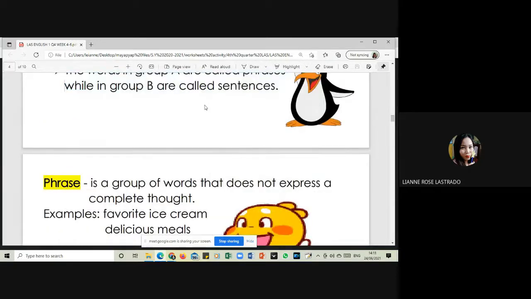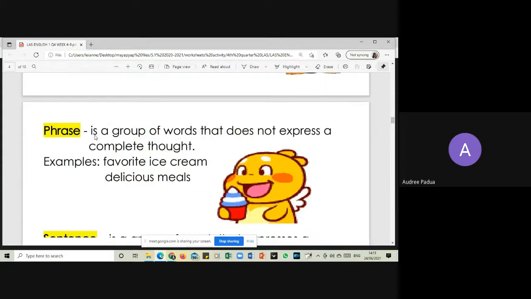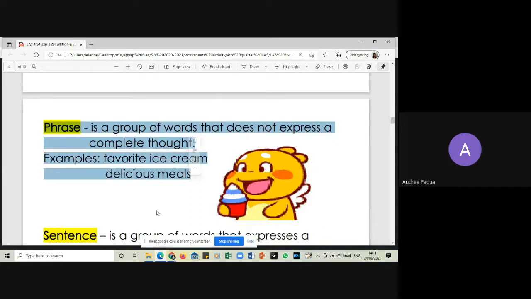Now let's go over to the meaning of phrase. LeBron, will you please read this one? Phrase is a group of words that does not express a complete thought.